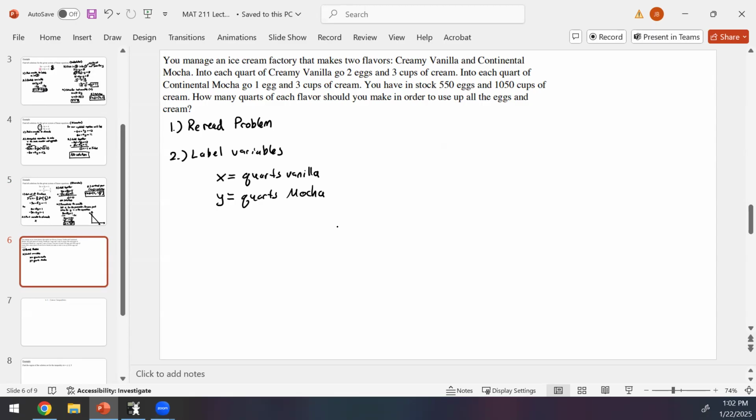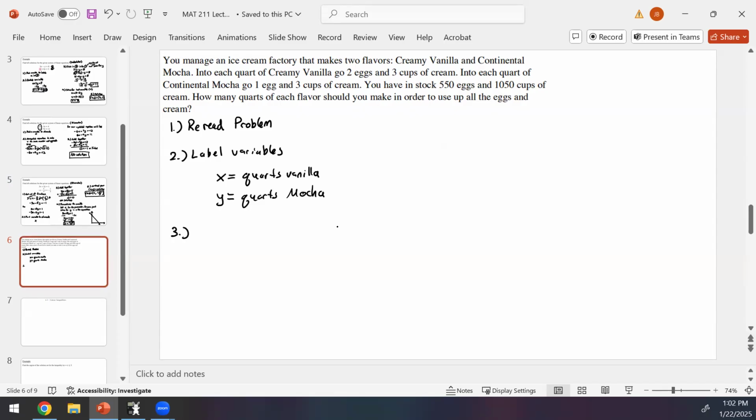But be careful on the homework: if they specifically tell you what letter is what and you do it backwards, your answer is technically not wrong, it's just going to be wrong relative to what it's supposed to be labeled as. So always pay attention to see if they make you pick a letter and specifically assign a flavor to a letter. If not, the general rule of thumb is that the first thing talked about is the first variable, and the second thing talked about is the second variable. That's always a good rule of thumb.